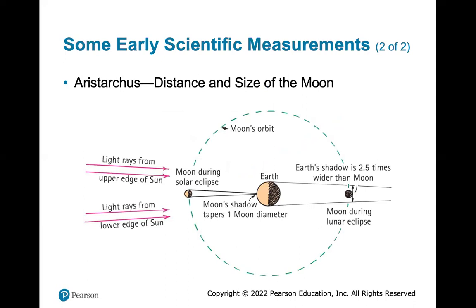Okay, Aristarchus measured the distance and size of the moon, knowing that, using the solar eclipse and the lunar eclipse, and the Earth's shadow was 2.5 times wider than the moon during a lunar eclipse.